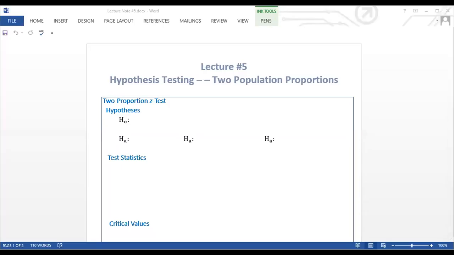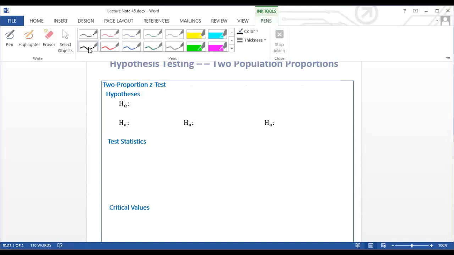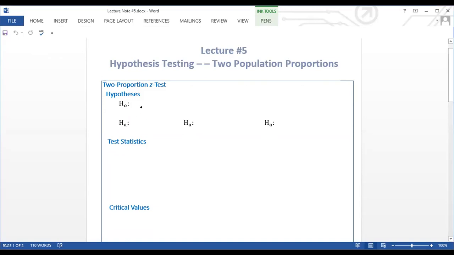Okay, now let's go to our lecture notes. This is lecture number 5. We are going to take a look at hypothesis testing for the two population proportion z-test. The first thing is, what will our hypothesis look like? The null hypothesis we can write is that the first population's proportion P1 is equal to P2.